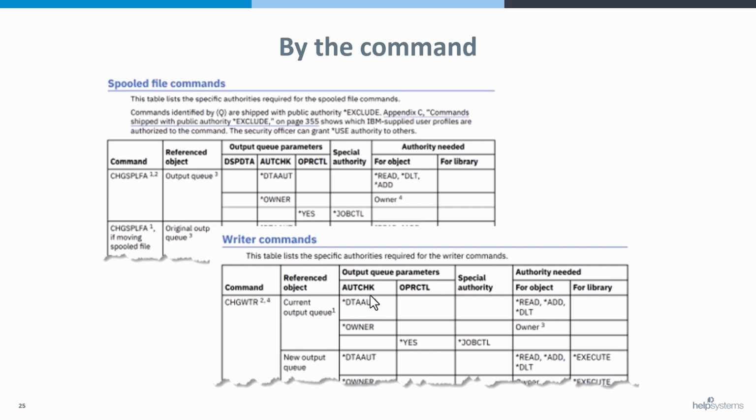So you can define and decide what the right combination is for your out queues, especially when those out queues contain sensitive data, whether that's personally identifiable information, customer lists, or any type of proprietary information that should not necessarily be shared amongst any user that has access to your system.